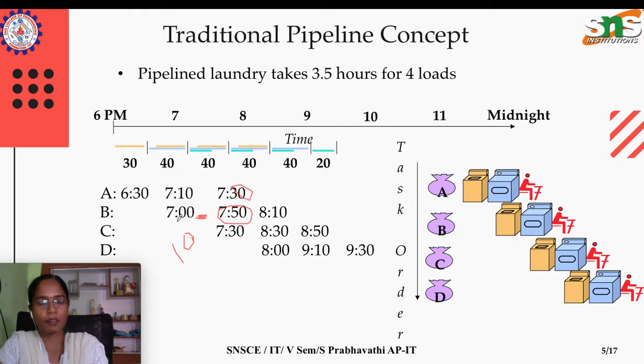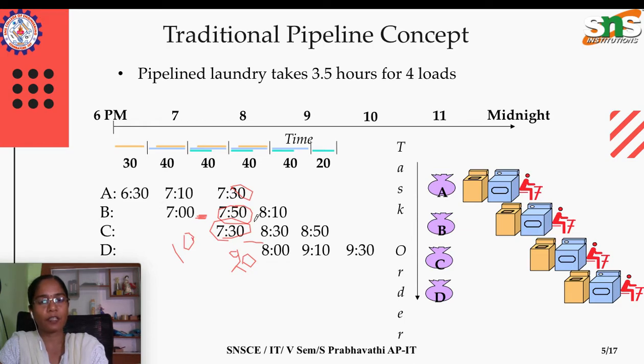And see here, B at 7 o'clock releases its washer, so C will occupy the washer immediately. At 7:30, C will finish washing the clothes and will be waiting for the dryer. But the dryer here is occupied by B. So C will wait how long? 20 minutes, because only at 7:50 the dryer will be left free by B, is it not?